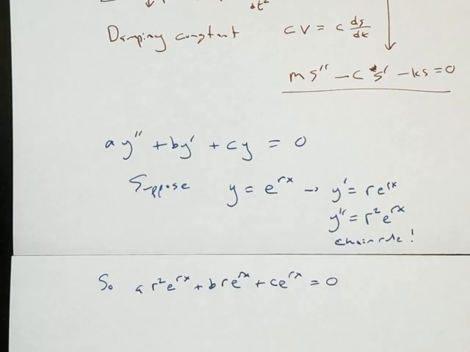I have to remember that when I take the derivative of e to the stuff, that's the derivative of the stuff, thank you, chain rule.